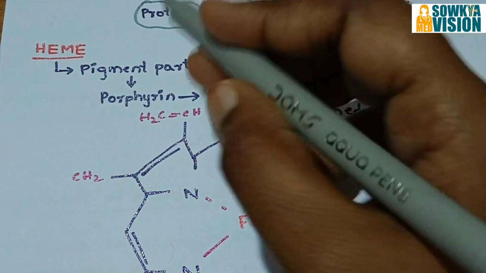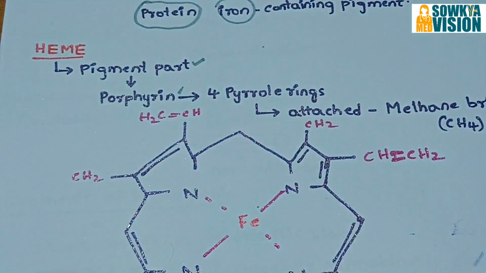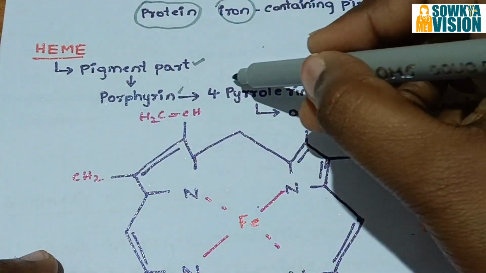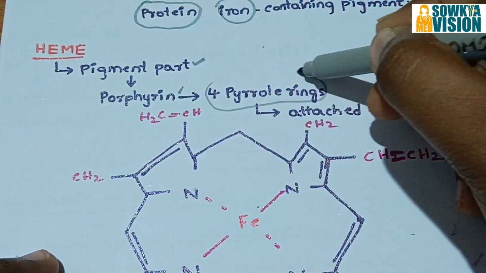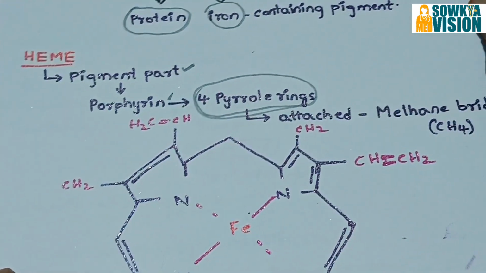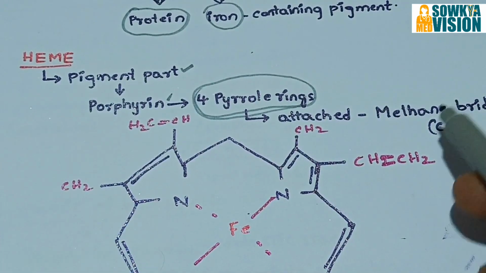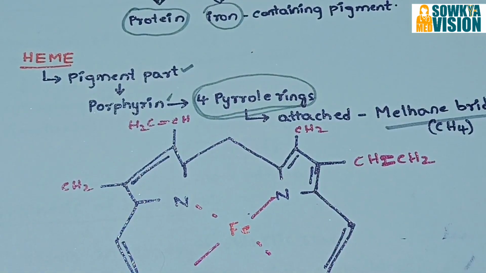As we know, heme is the pigment part containing porphyrin, which contains 4 pyrrole rings. These 4 pyrrole rings are attached to methane bridges.